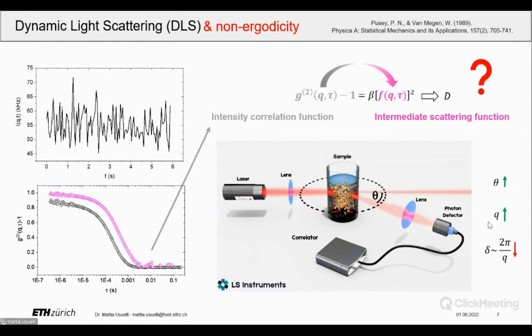Our question mark is, now that non-ergodicity is jumping in, does this equation still hold true? The considerations that I will share from this slide on are present in this very nice article that I put here from Pusey and van Megen, which I think is one of the most important articles for DLS and non-ergodicity, deriving the equations for treating non-ergodicity properly.